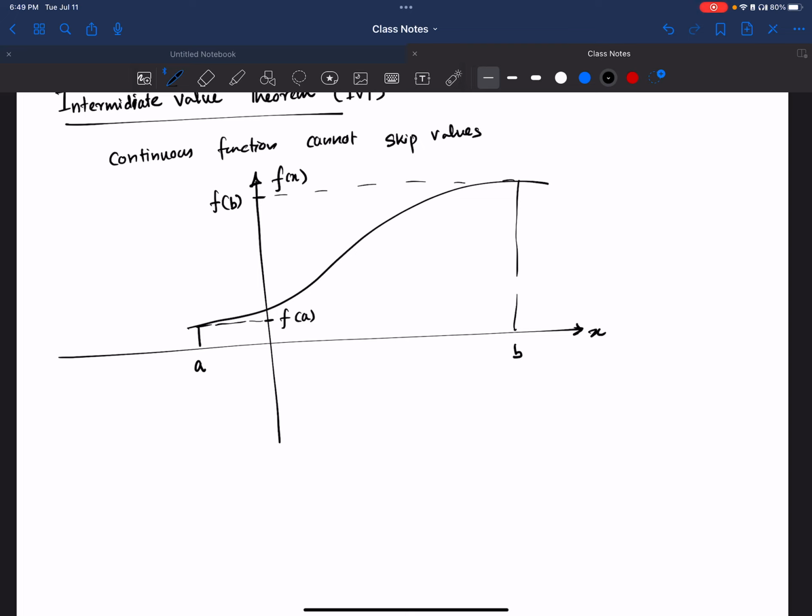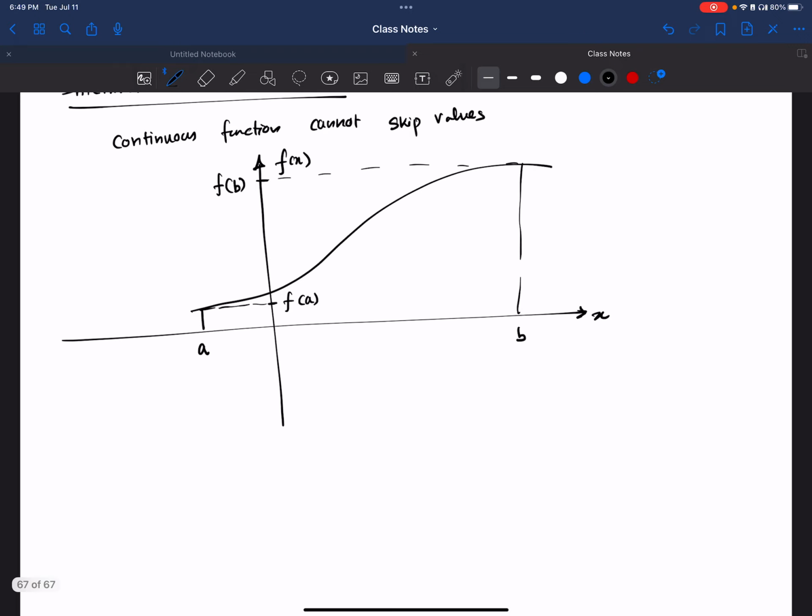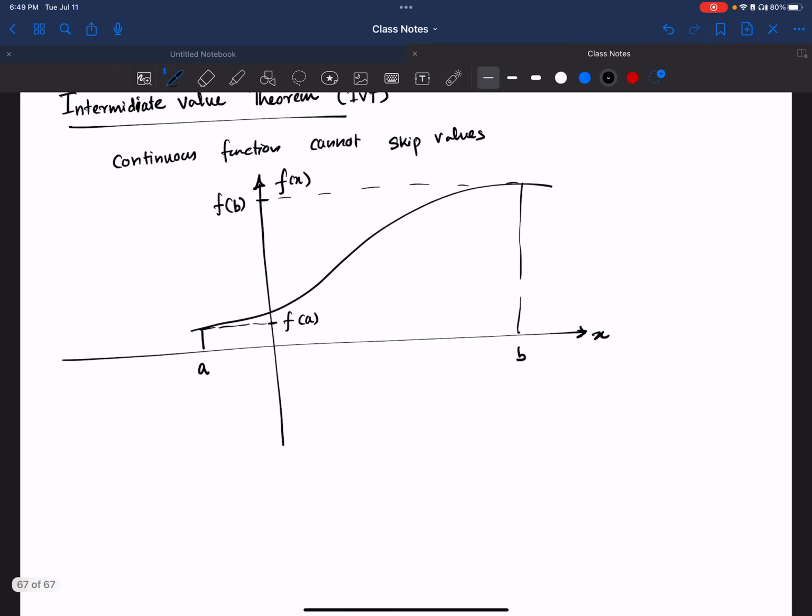Now this is a closed interval, right? So f is continuous in the closed interval ab. For all the values M in between f of a and f of b, pick any arbitrary value.